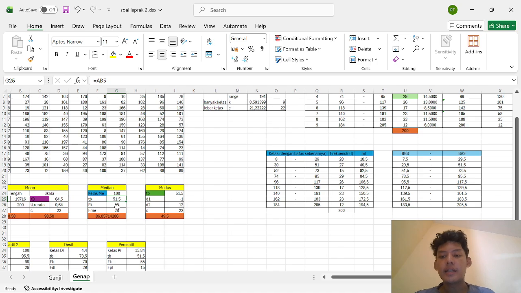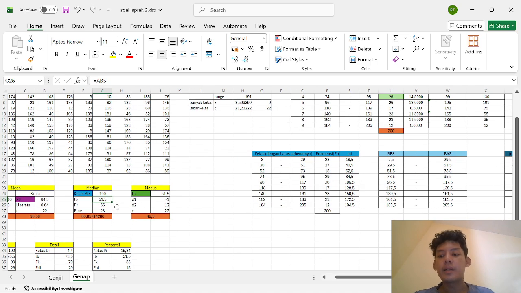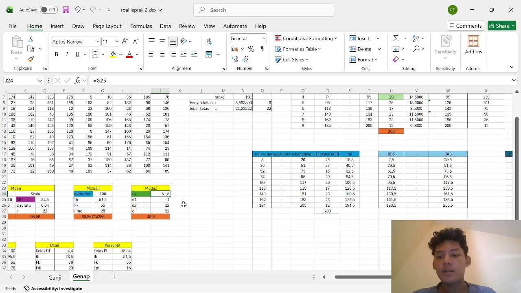Next, I calculate the group data mode. The mode is the value with the most frequency. The first step is determining the class with the highest frequency. This class is called the modal class.